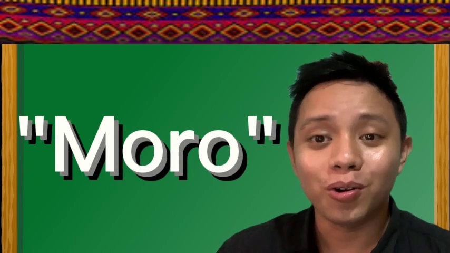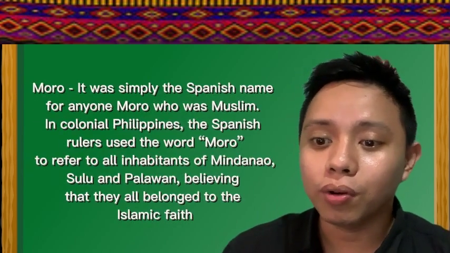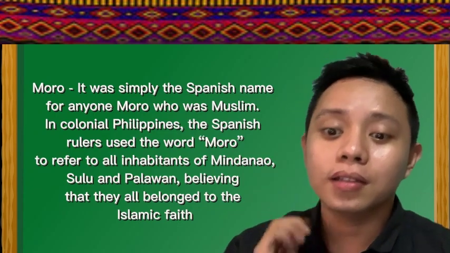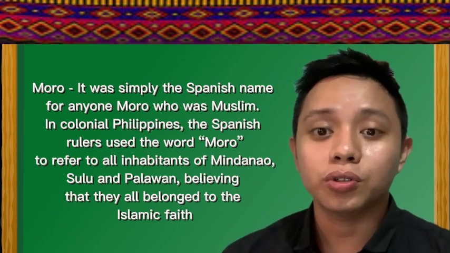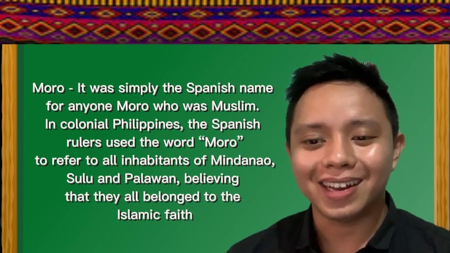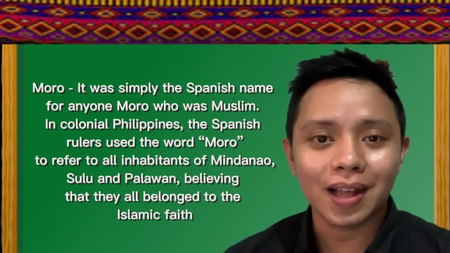What do we mean when we say Moro? Moro was simply the Spanish name for anyone who was Muslim. In colonial Philippines, the Spanish rulers used the word Moro to refer to all inhabitants of Mindanao, Sulu and Palawan, believing that they all belonged to the Islamic faith.